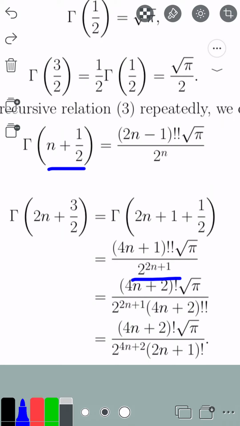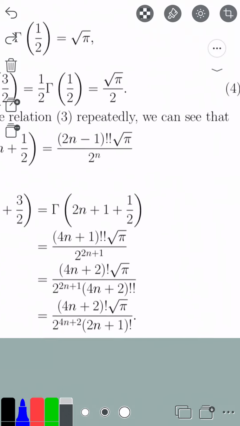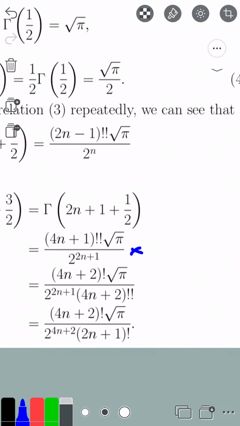So here we have 2n plus 1 plus 1 half, so it's divided by 2 to the power of 2n plus 1. We're just substituting n with 2n plus 1 here, and then multiplying by 4n plus 2 double factorial.